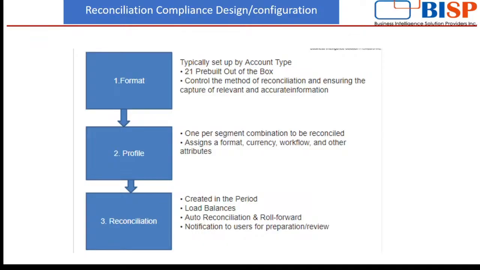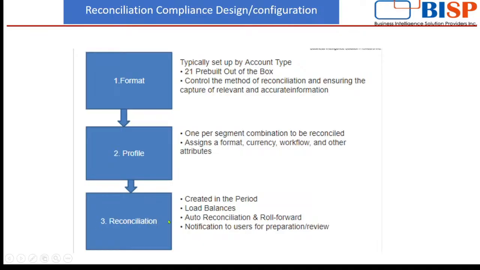If you are importing for balance comparison, you will import two data files, your source system as well as your subsystem. If you are importing for account analysis, you will import one file, which is your source system. After importing this, you go back to profile, click on that profile and create reconciliation. There is an option of create reconciliation, so you can create a reconciliation.